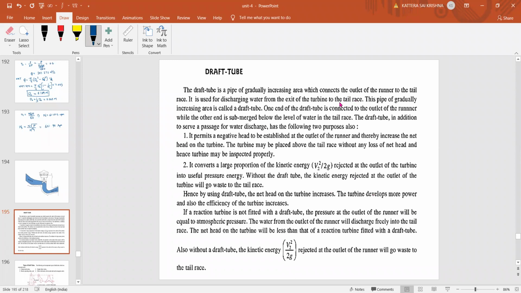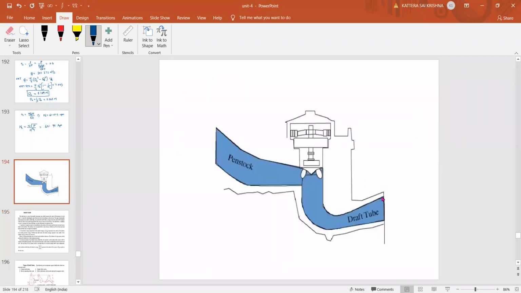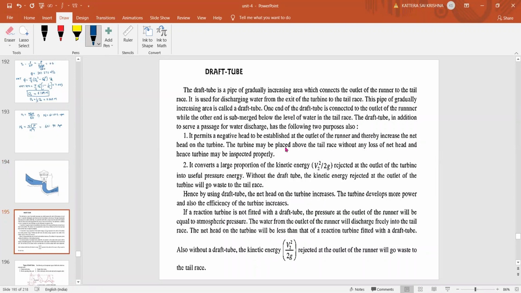The tail race is the water level after finishing the work, where we collect the tail race water. One end of the draft tube is connected to the outlet of the runner, and the other end is dipped in the tail race, immersed in the water already existing there, right?